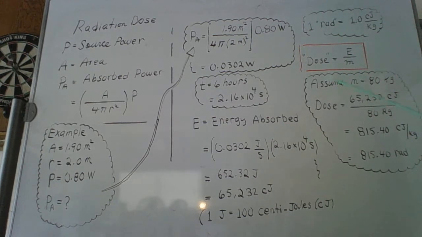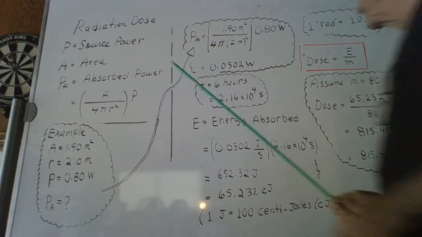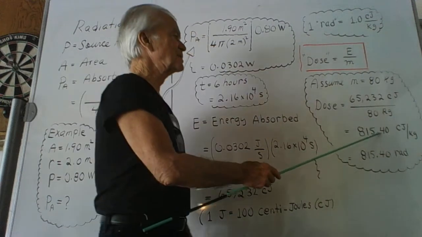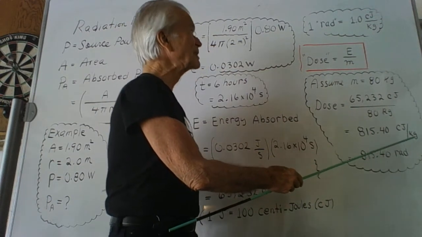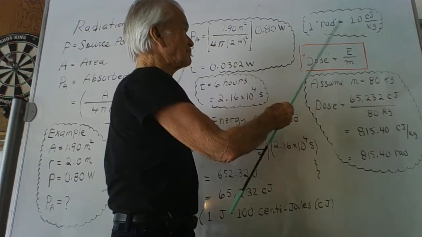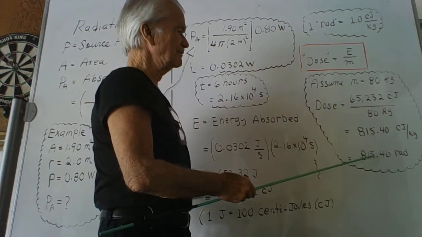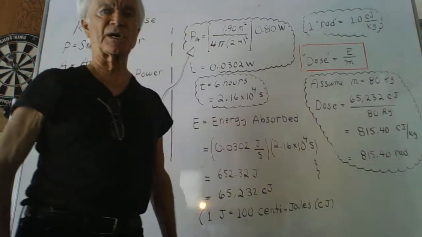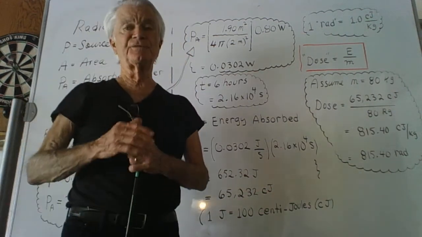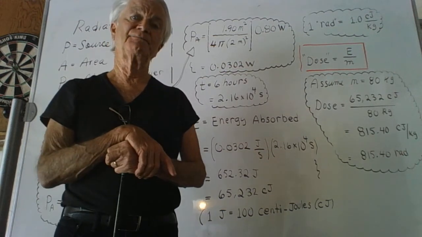We divide the number of centijoules by the mass in kilograms and get 815 CJ per kilogram, centijoules per kilogram. But recall, a centijoule per kilogram is a rad. Final result, this person unfortunately received a dose over that 6-hour period of 815.40 rad.